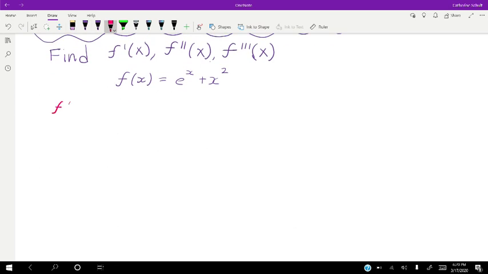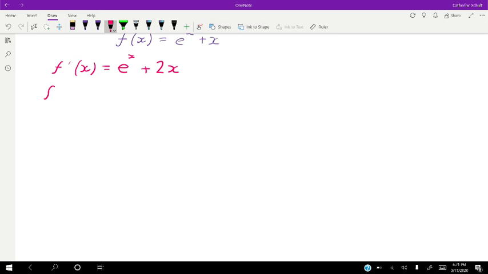So the first derivative: what's the derivative of e to the x? E to the x. What's the derivative of x squared? Bring down the exponent, subtract 1. So there you go. Okay, let's talk about the double derivative. What's the derivative of e to the x? And what's the derivative of 2x? Let's think. We can take the derivative of x. What's the derivative of x? We can still use the power rule.